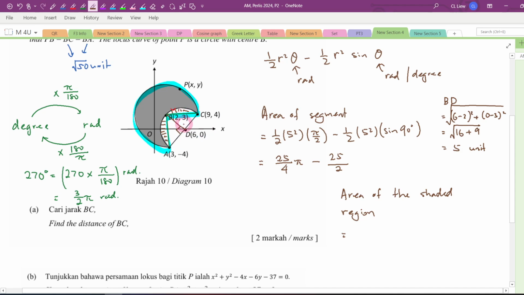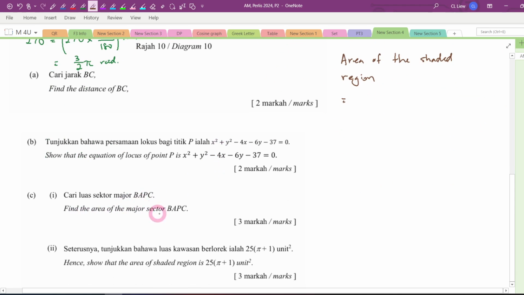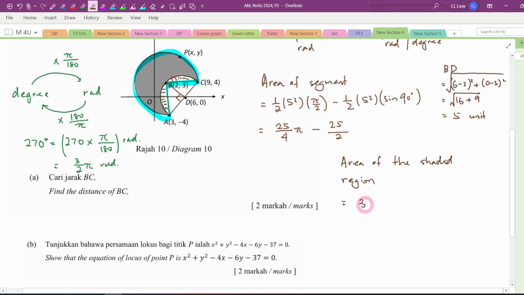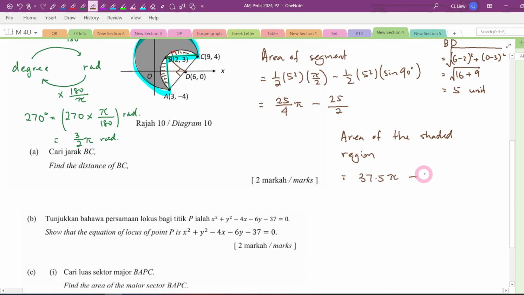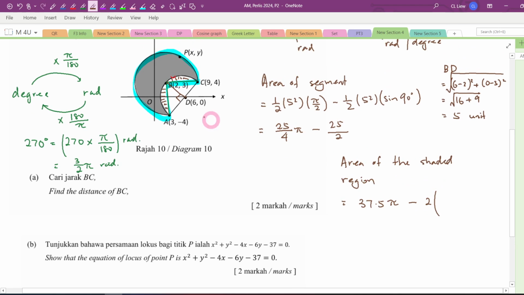Okay, yes. The answer for C1, 37.5 pi. The area of the major sector BAPC, minus 2 times this. Why do we need to times 2? Because we have 2 segments over here and they have the same area.